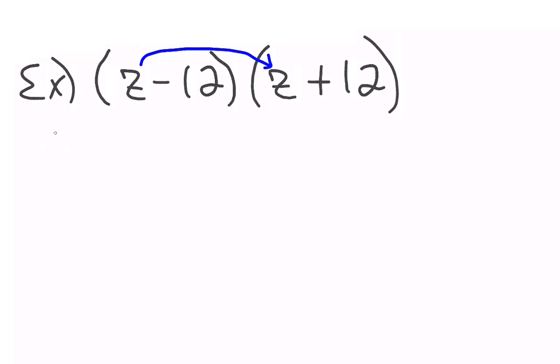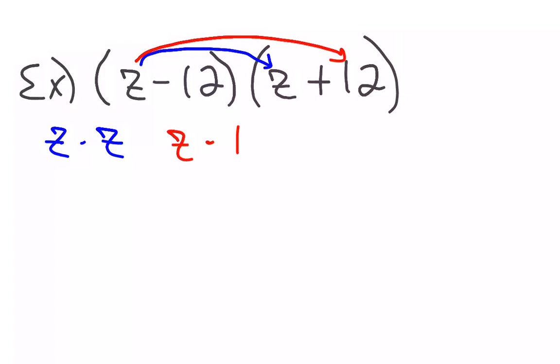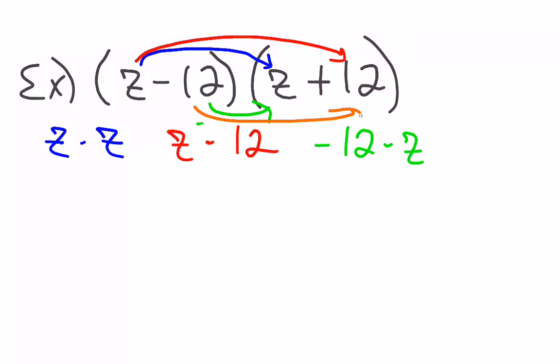So looking at our first, we have z times z. Looking at our outer, we have z times 12. Looking at the inners, we have negative 12 times z. And looking at our last, we have negative 12 times 12.